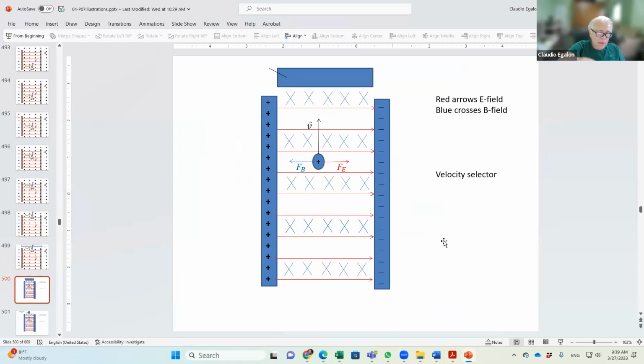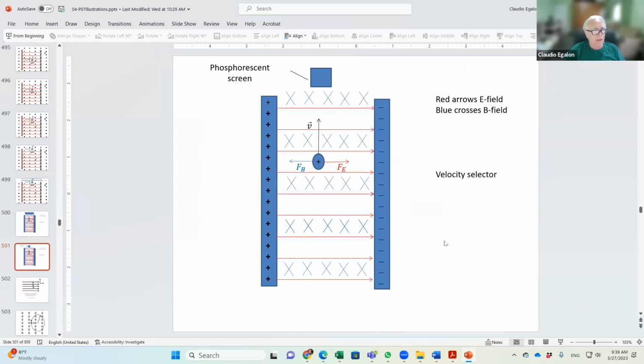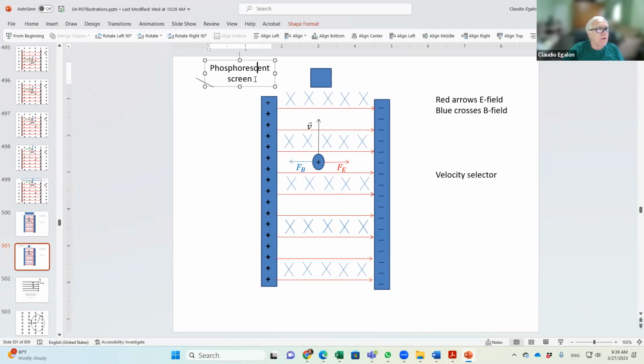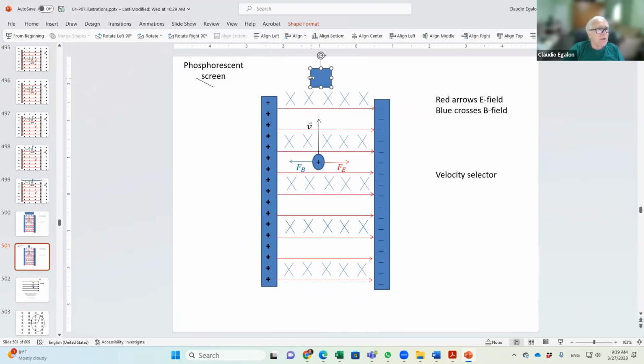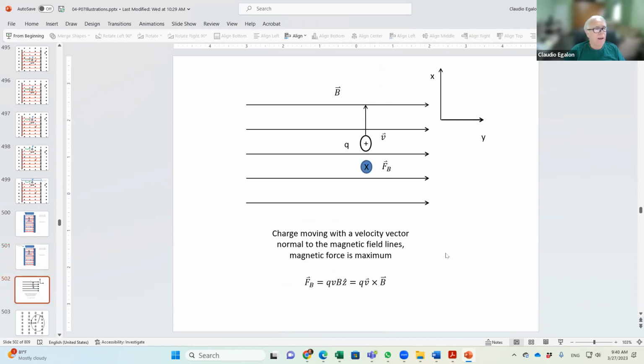Here, the magnetic field is going into the plane of my screen. The phosphorescent screen should be something like that, covering this entire exit here. Otherwise, you might lose those particles that are moving closer to the right or left plate.